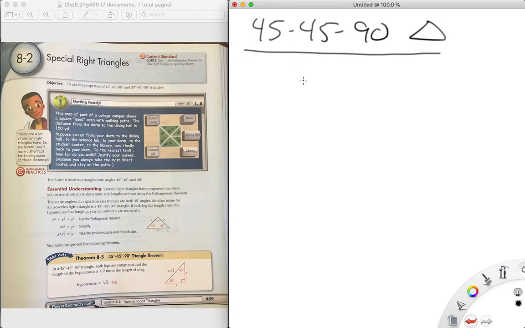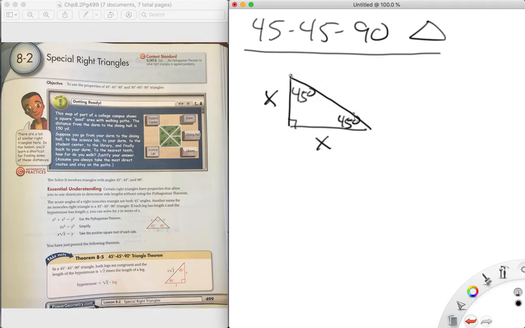It says this: if we have a triangle where the legs are the same, and what this means is that we have a triangle that has 45 degrees here and 45 degrees here.